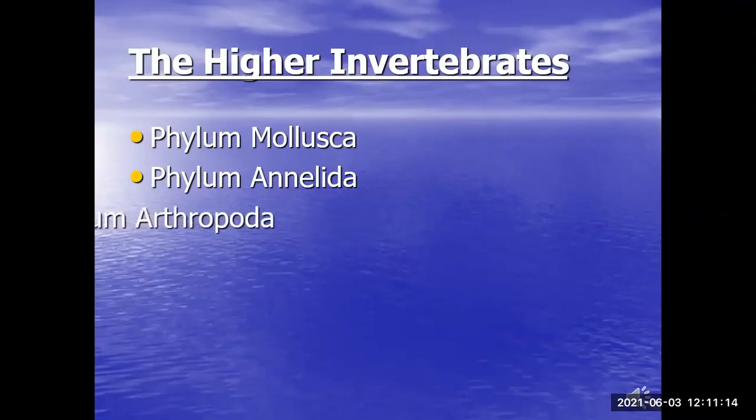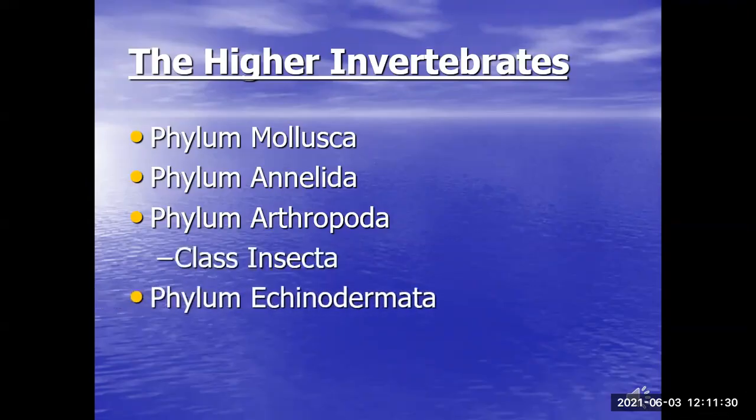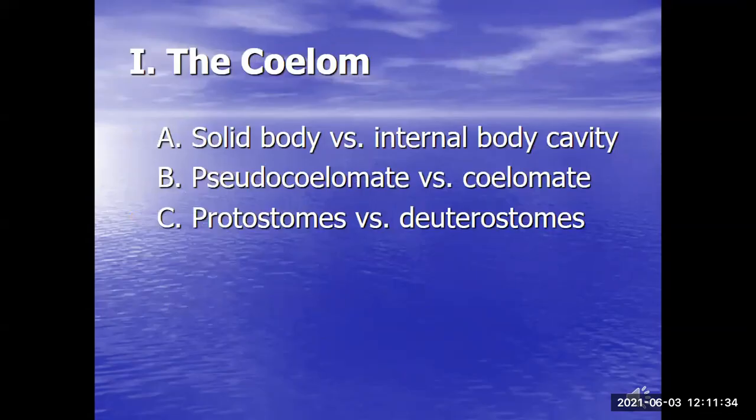Over 1 million different species of animals are known and classified and have been studied. These include the insects. And the last group we'll take a look at tonight is the Echinodermata. So let's begin our journey tonight with not these 4 groups, but a clarification of what we started yesterday.